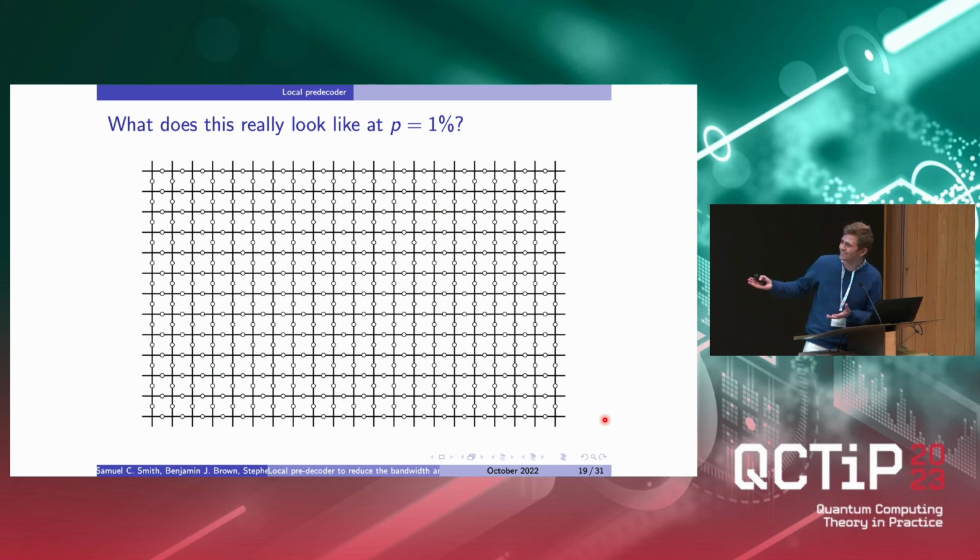Most errors at 1% you don't need to throw some sophisticated decoding algorithm at. They can be cleaned up in a super simple way. What's important about that is that we actually care about speed and bandwidth on all of these errors, even if they're easy errors. So we should just be throwing an easy decoder at these things.